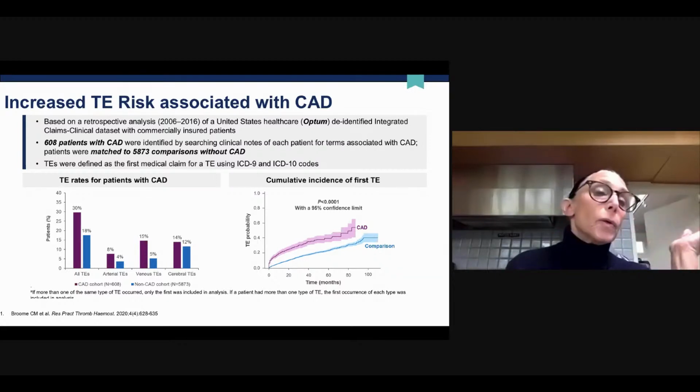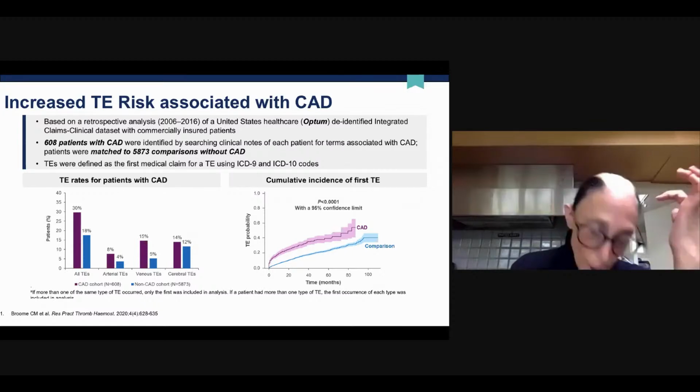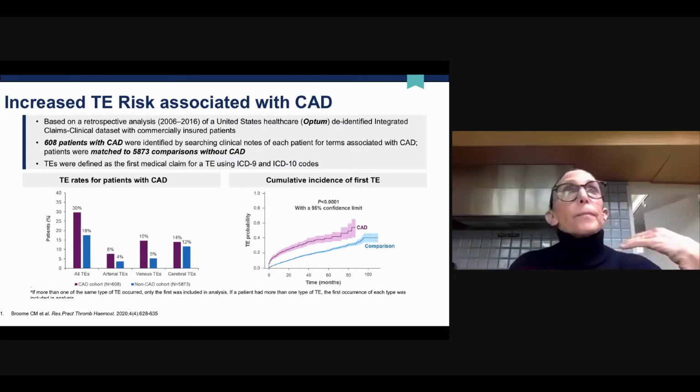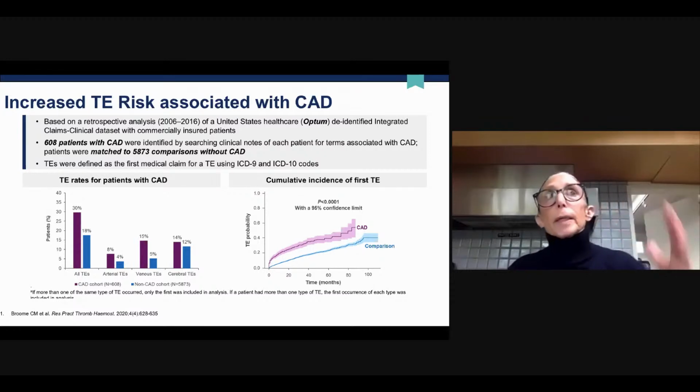We know in autoimmune hemolytic anemia, for example, if you go back to Sir John Dacie's original papers, the most common cause of death is not hemolysis, it's thrombosis, pulmonary embolus. So again, thromboembolic events are very common.